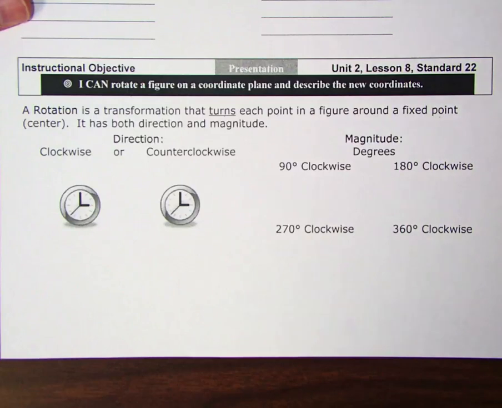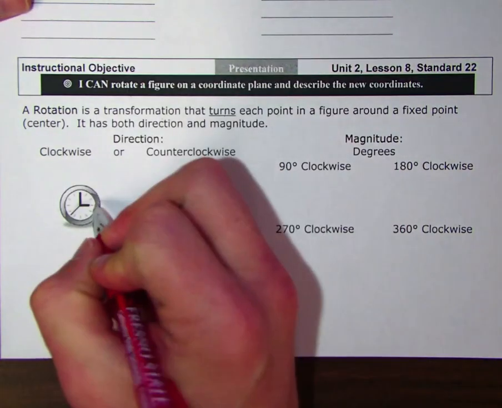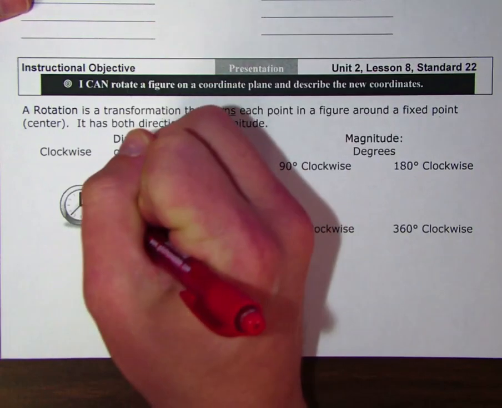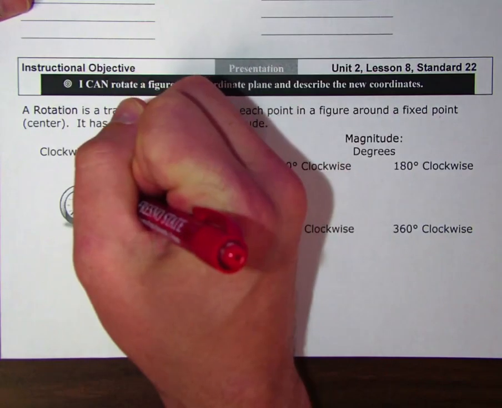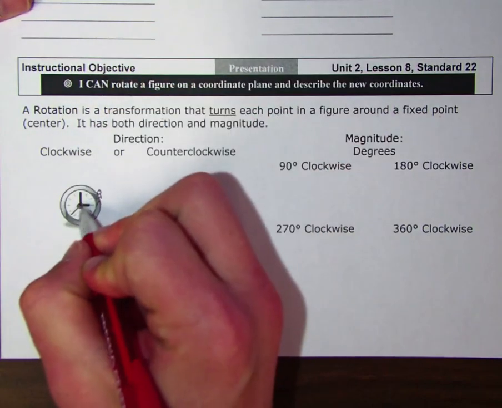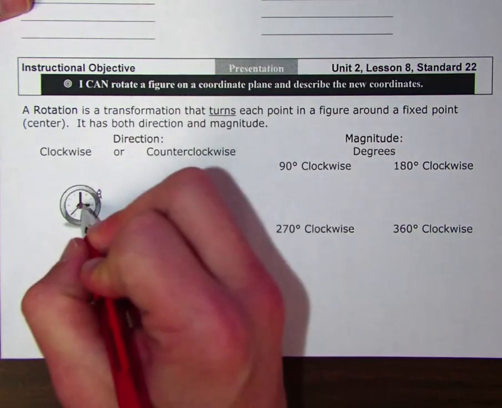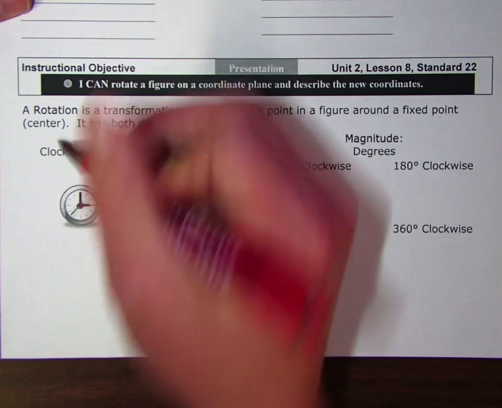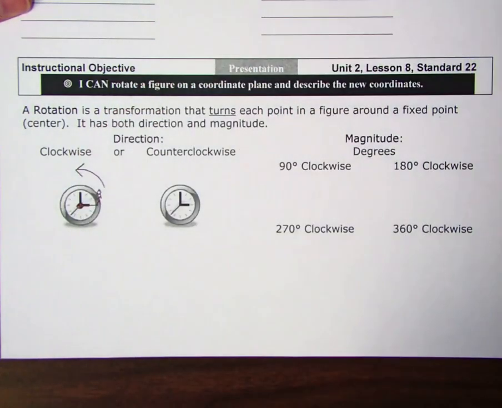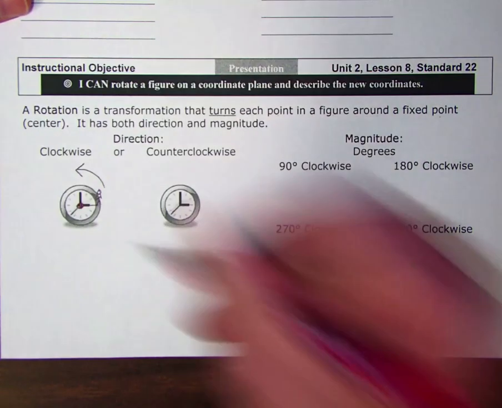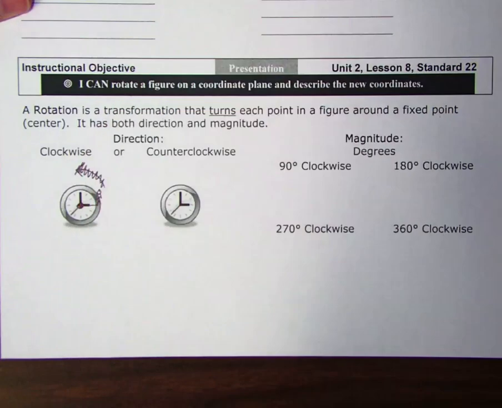So let's talk about direction first. Imagine I'm standing here on the edge of the clock, and I want to rotate around the center of the clock. There's the center, the fixed point of my rotation. Think of a rope coming out to my feet, and I want to rotate this direction. Well, that is not at all what I want to do, because this is an example of clockwise.